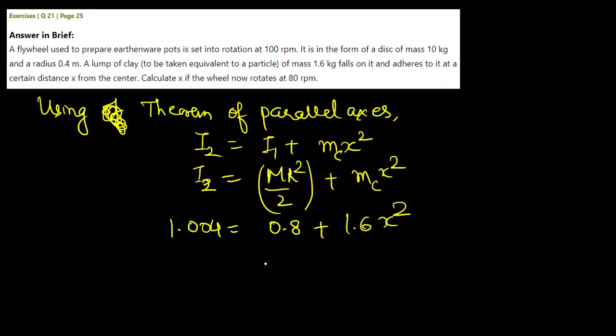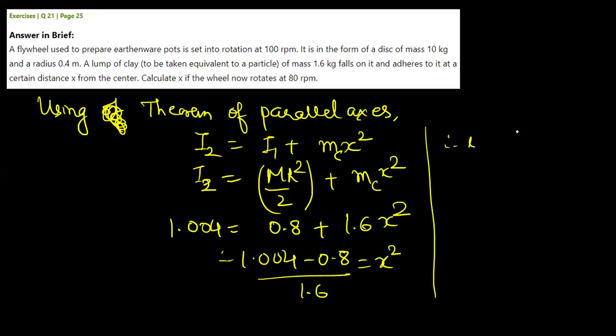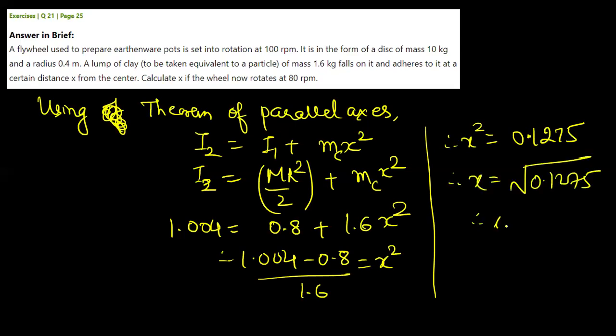Therefore 1.004 minus 0.8 upon 1.6 equals x square. On solving this, x square equals 0.1275, so x will be root of 0.1275, therefore x is nearly 0.356 meters.